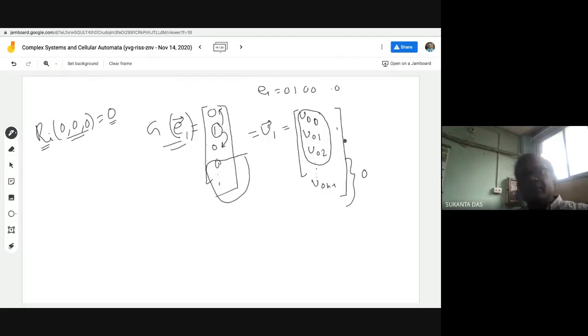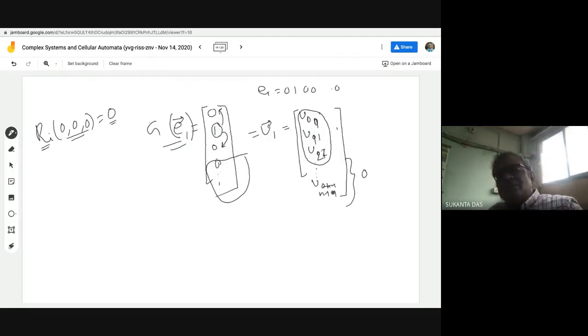Sorry, I have written here again the wrong way. It will be 0, then 1, then 2, then n minus 1 here, and it is 1. It will be 1, 1, 1, and 1. Okay, this convention I was following.